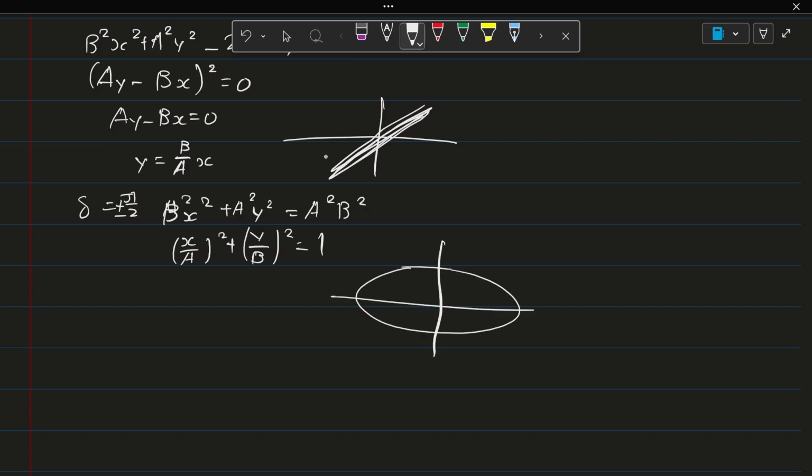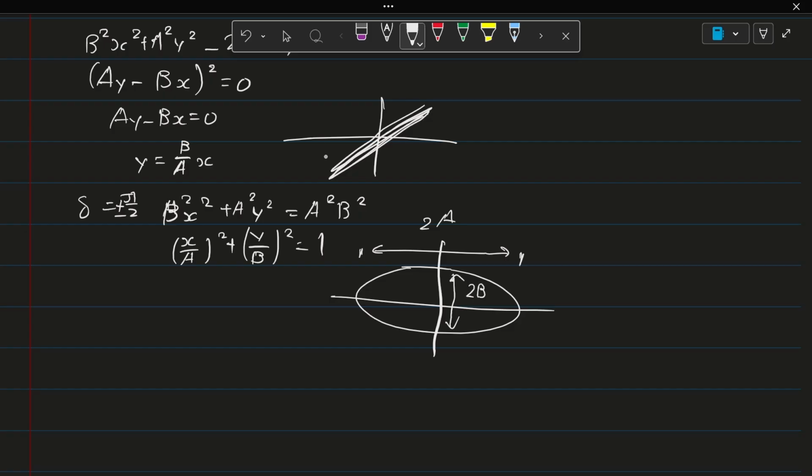This ellipse depends on your a and b for the lengths. If I remember correctly, in the x direction this would be 2a, the major axis, and the minor axis would be 2b.